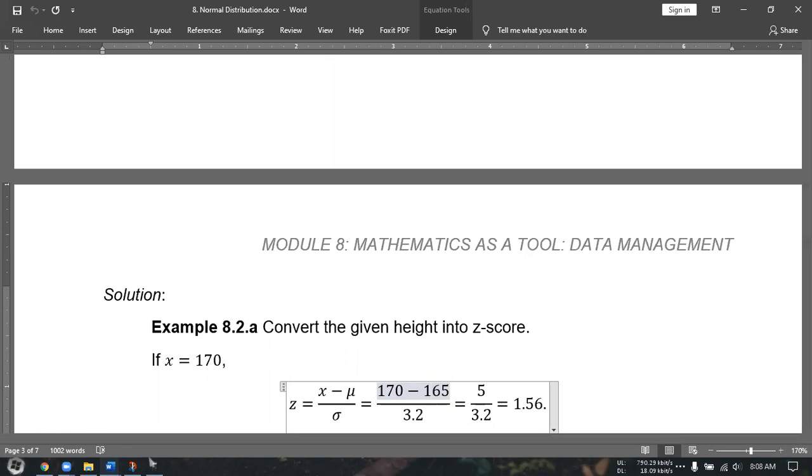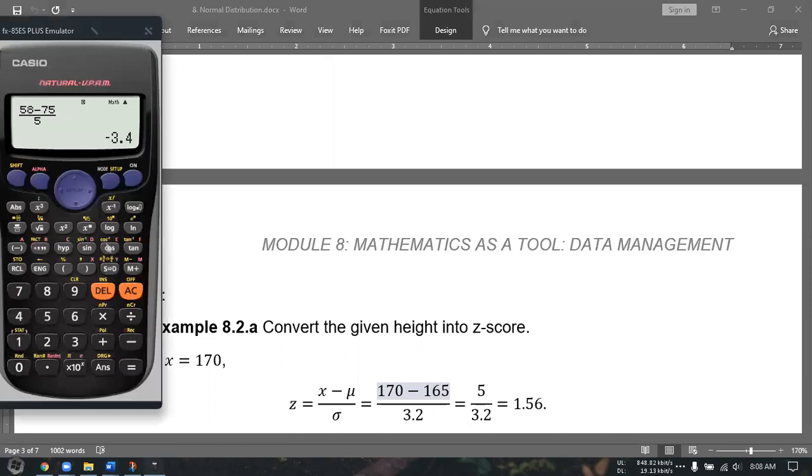So let us just verify. 170 is greater than the mean, which is 165, meaning the z-score must be positive, and you have to be very particular with the position of your mean and the given score. If you accidentally interchange their position, your z-score becomes negative.